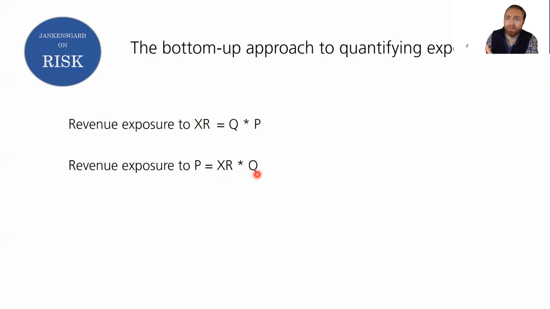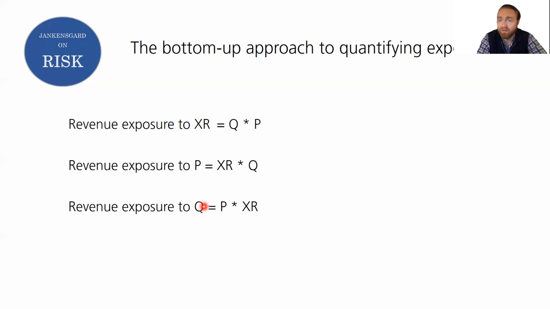So whenever you change your price assumption, the way your model responds will be determined by the product of these two. And the same thing here for quantity, which is also in many cases a highly uncertain number. You want to try to understand what happens to your model when we change that assumption, or when something turns out to be different than the base forecast.